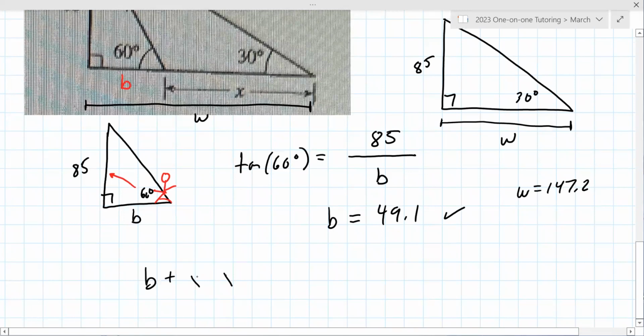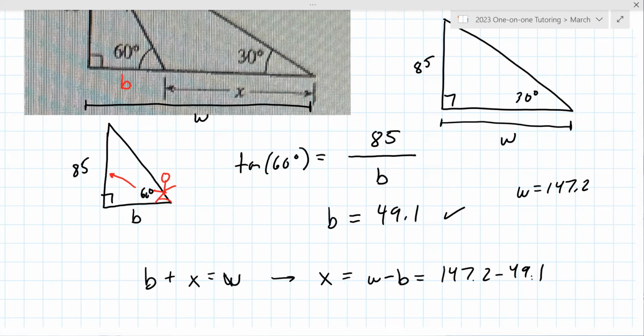You can say B plus X equals W, and then X is W minus B. 147.2 minus 49.1. So that's 98.1. Yes.